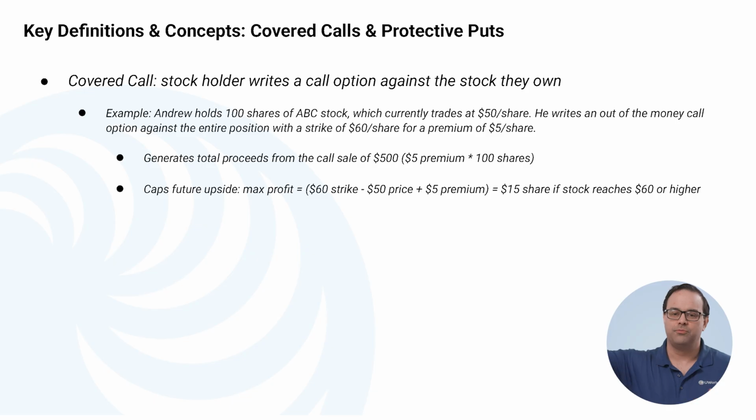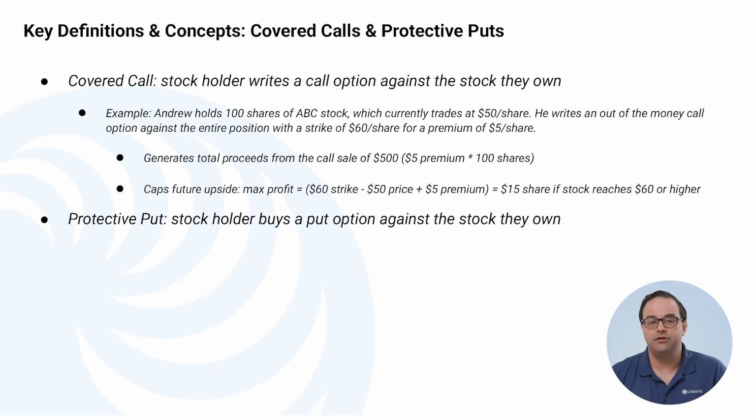If the stock were to appreciate above $60 a share, any gains from the 100 shares that he owns would be offset by the loss on the call that he wrote that would be in the money above that $60 strike. So it again caps the maximum profit, but it generates income proceeds against a position that this portfolio manager already owns.